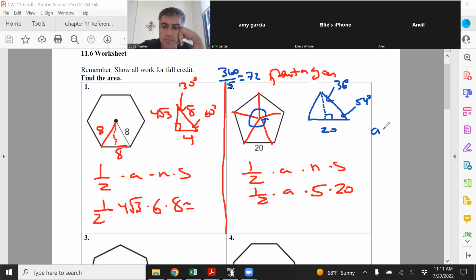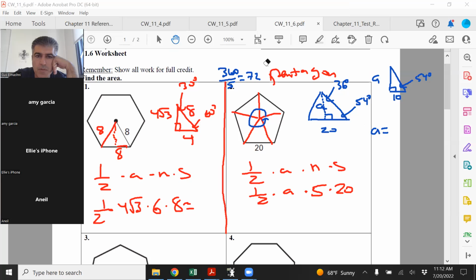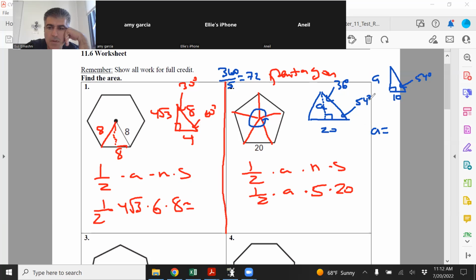So the apothem, which is this right here, if I were to draw a right triangle, that's going to be 10 now. That's 54 degrees. The apothem, in order to get that, we have to say tangent of 54 degrees is A over 10.